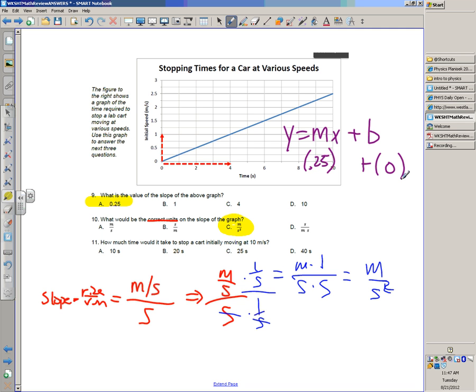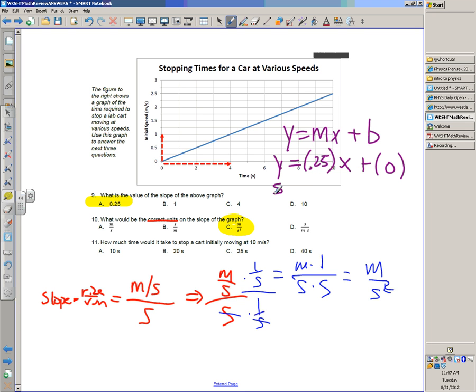y and x are the variables that we're measuring here. What is the y-axis representing? What are we measuring on the y-axis right here? Speed, right? So we can change this to look something like this.